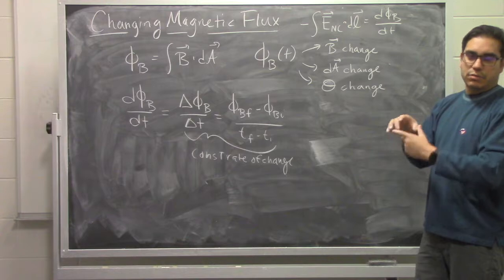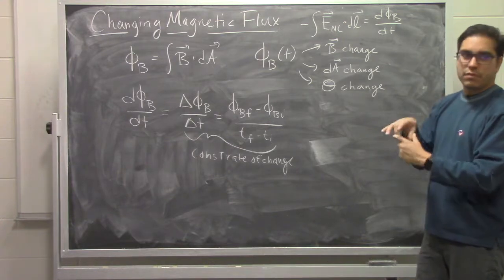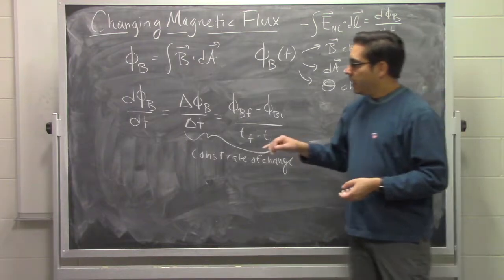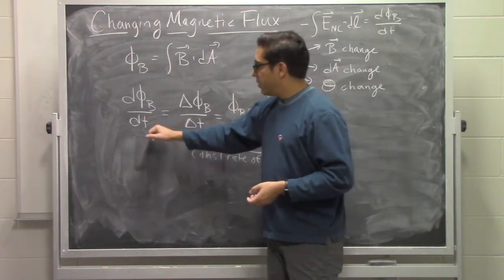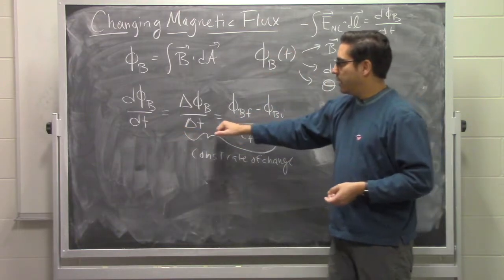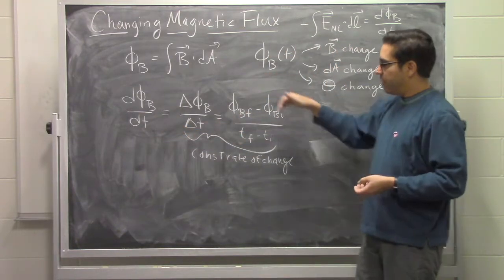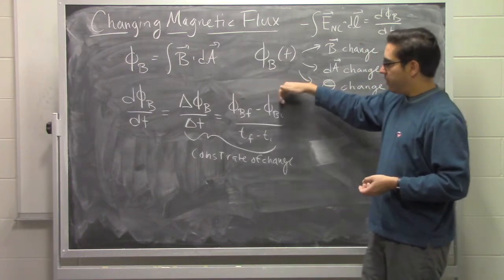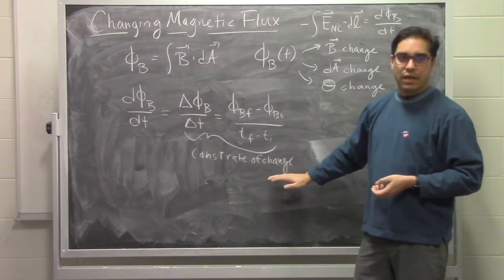Or the orientation between those two can change. So you can have a loop that flips around, or a magnetic field that changes its direction. What will be typical for us is that we'll take this derivative definition and apply a macroscopic step. We'll be able to calculate what the magnetic flux is at some time and then what it is at some later time, because we're dealing with a constant rate of change.